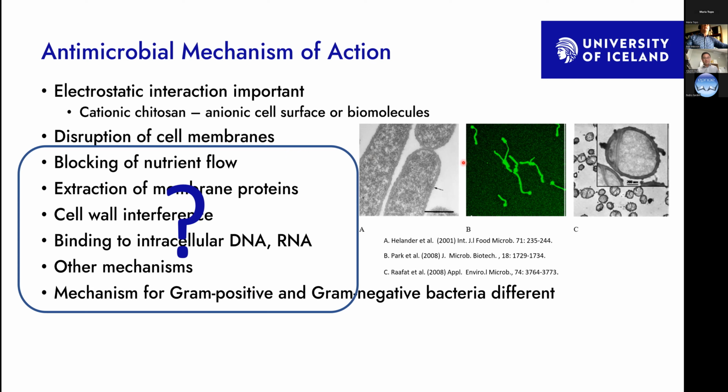There are a number of studies showing that there is some disruption in the cell membranes when bacteria are treated with chitosan. So that seems to be well supported by various evidence.